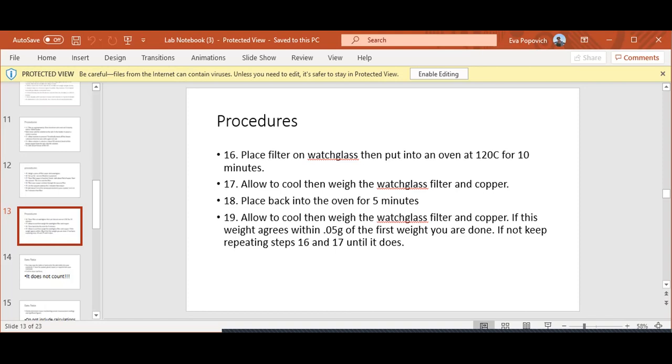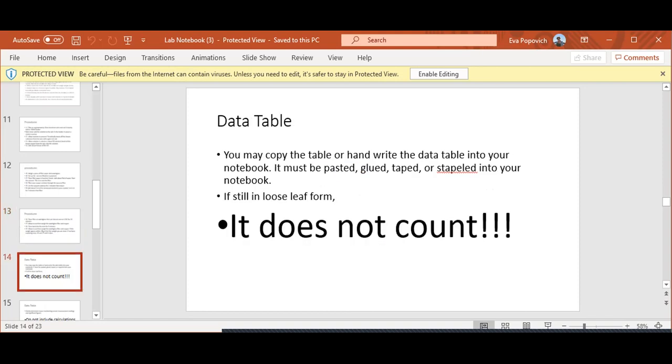Okay. Next section, data table. Remember, I said I want this in a notebook. If the data table is loose leaf, if it is not taped, stapled, glued to your actual notebook, it does not count. It has to be a permanent part of your notebook in order to count.